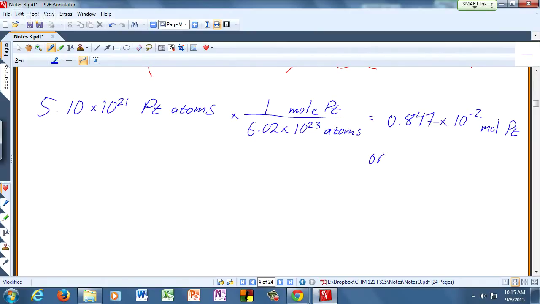Or right, 0.00847 is what that is. Sorry, I don't have a scientific calculator, so do it that way. So then we multiply that by the number of grams in 1 mole, which is 195.08, and that should give us our answer.